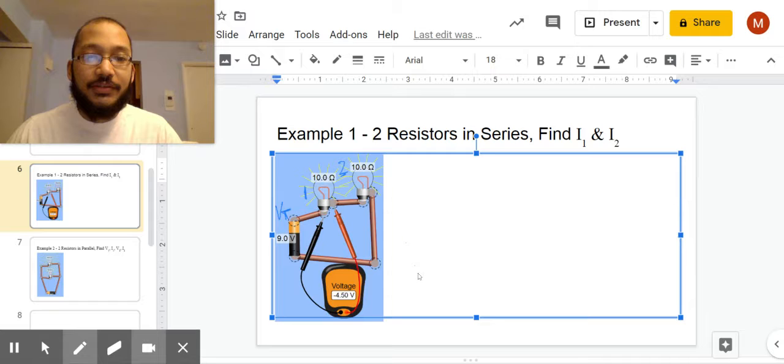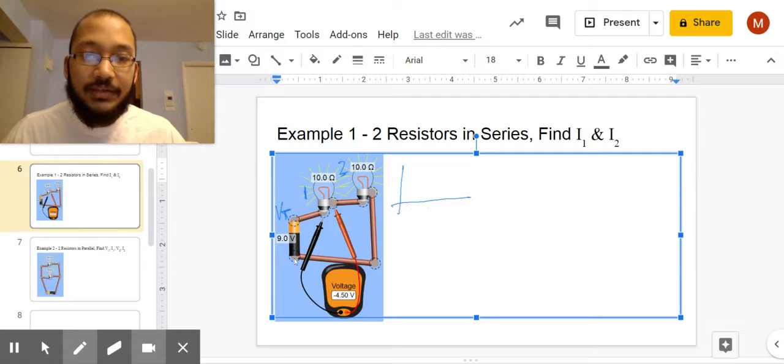So think back to that graph. If I'm at the negative end of the battery, I'm starting at 0. As I go across the battery, I'm going up 9 volts. The wire doesn't do anything, but as I drop across the bulb, there's the drop.